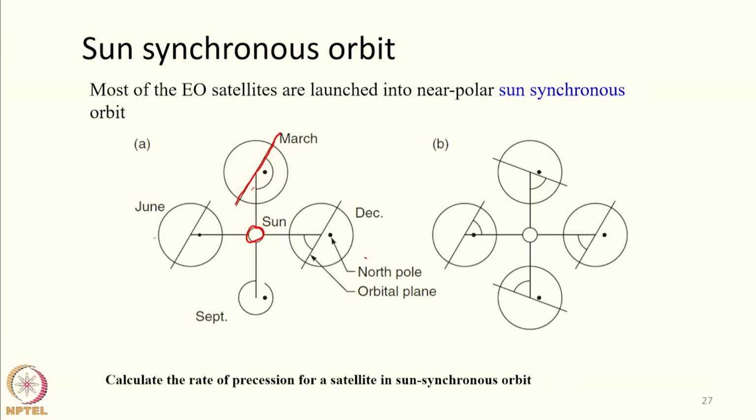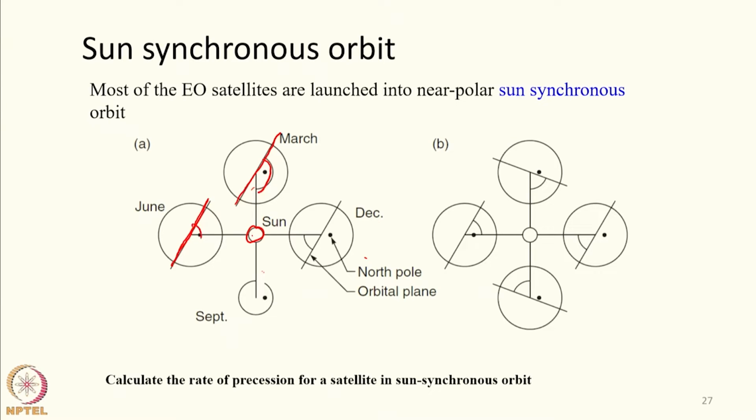The Earth will keep on rotating around the sun, right. If the orbit is not undergoing any precession, if it is fixed, what will happen is the angle between the line joining the sun center, Earth center and the orbit will keep on varying.